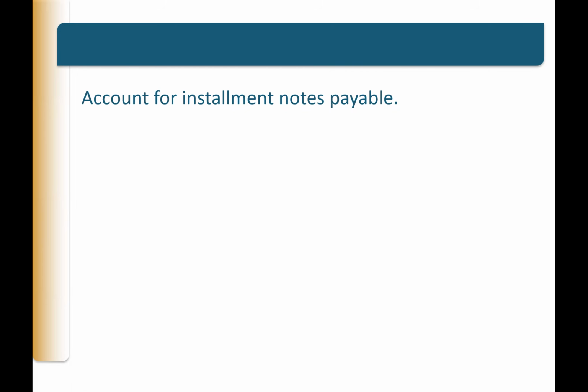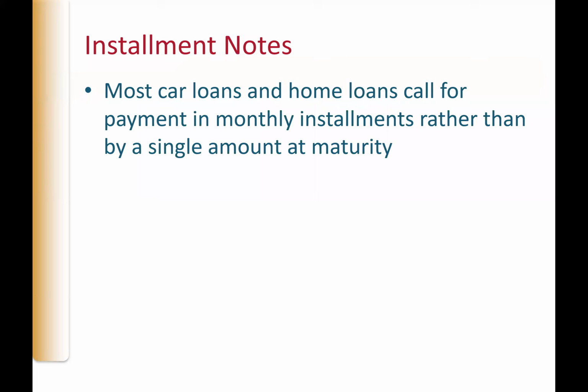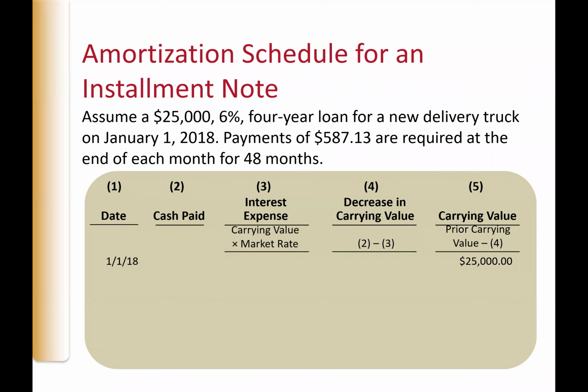Oftentimes, car loans are for 4 years, 5 years. Home loans are usually for 30 years. And so there's a flat payment that is made each year, and a portion of that payment will go to pay principal and will go to pay interest.